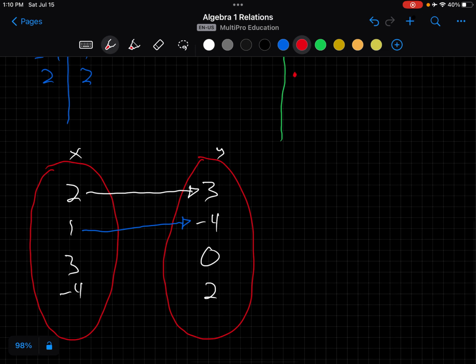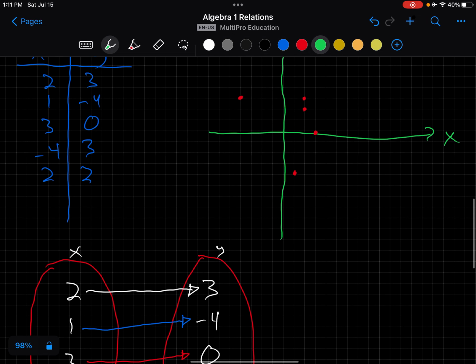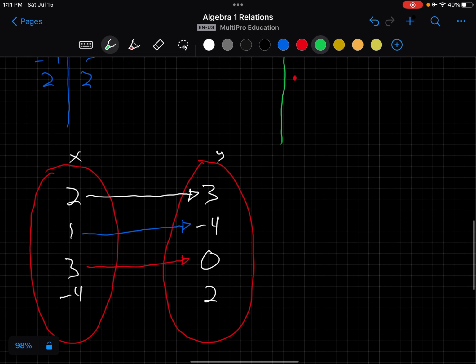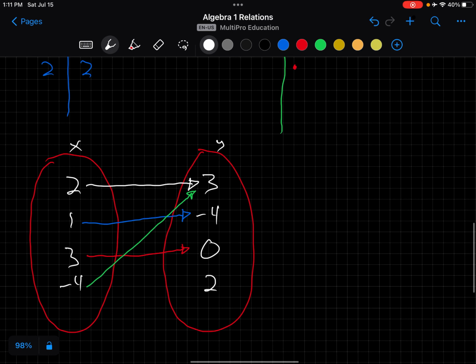Now next we have a 3, and that goes to a 0. Then next we have a -4, and that goes to a 3. So that starts way down here, but goes way up here. Now we have a 2 and a 2. So that starts at the very top and goes all the way down to the bottom.